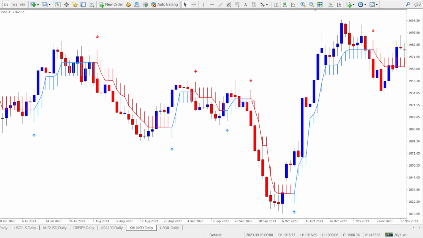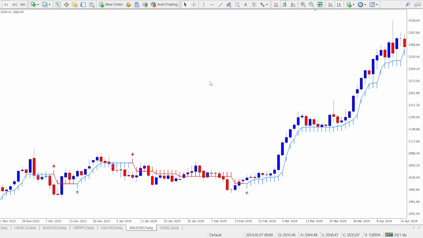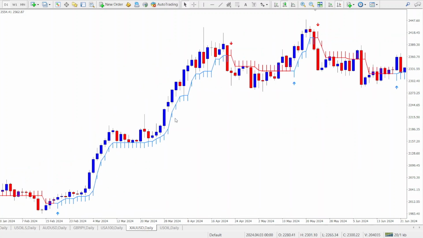And then just ensure that this line is red and trending downwards while you are in the sell trade, and you set your stop loss above the swing high, and you can take your profit at the nearest support, or you can just take your profit after you notice this blue line form. So basically, the buy signal from the indicator can be your exit signal for a sell trade, and then your sell signal from the indicator can be your exit signal for a buy trade.